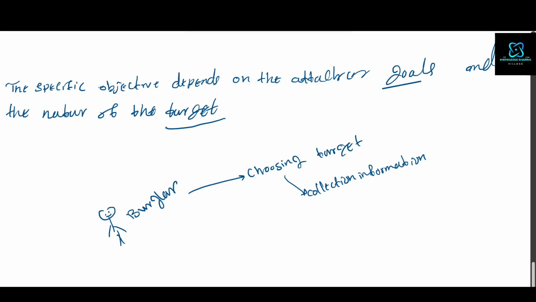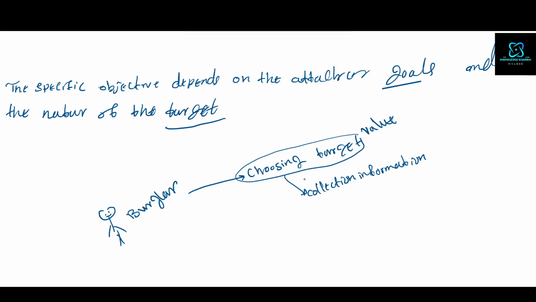And you may ask again, based on the objective of the burglar, when they are choosing the target, they are choosing based on the value. After choosing the target based on the value, they will go to the next step, which is collecting information for the target.